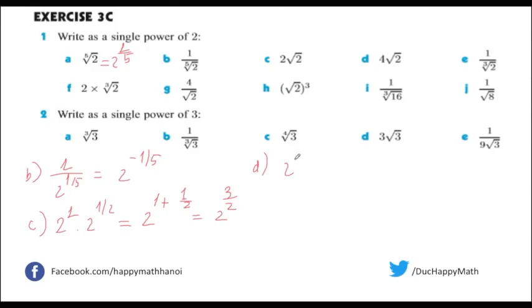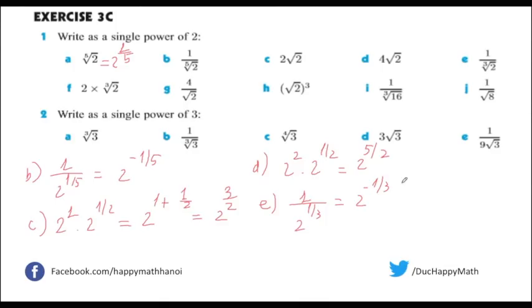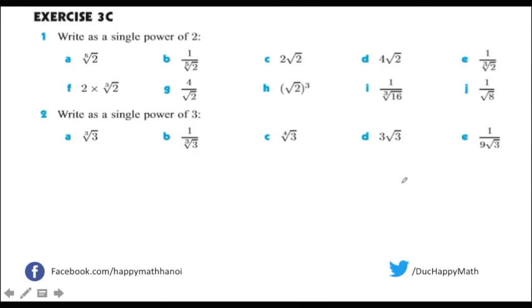D, 2 squared times square root of 2, 2 to the power of 1 half, and it means add the power numbers together, you will have 5 over 2. E, quite easy, 1 over 2 to the 1 over 3, and 2 to the negative 1 over 3. Exercise F, 2 to the power of 1 times 2 to the power of 1 over 3. And add the power numbers together, you can have 2 to the power of 4 over 3.